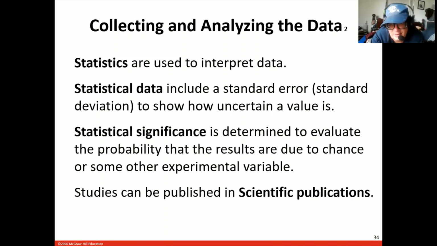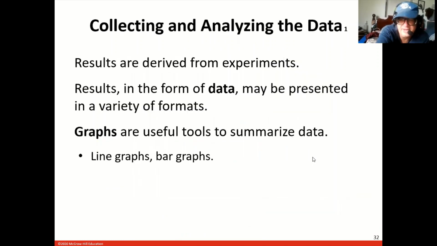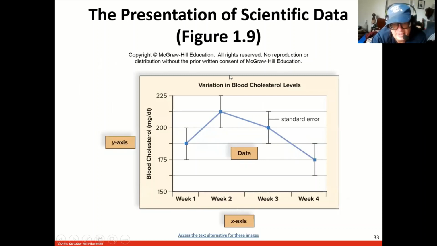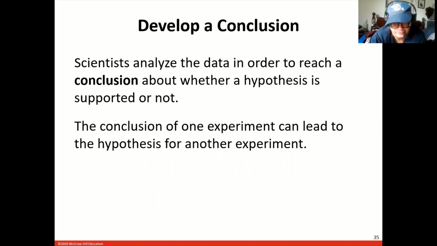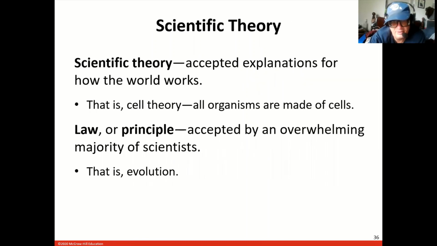We usually won't publish unless we can be 95% certain that there's a real difference going on, then we would publish. All right, so scientists look at the data in order to make conclusions about a hypothesis, and that can help us make another hypothesis for another experiment after that. It's a circular process. The conclusion you make, you can use it to start further research.